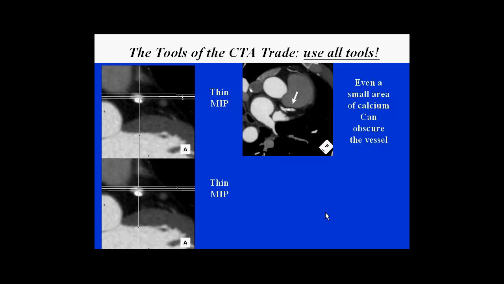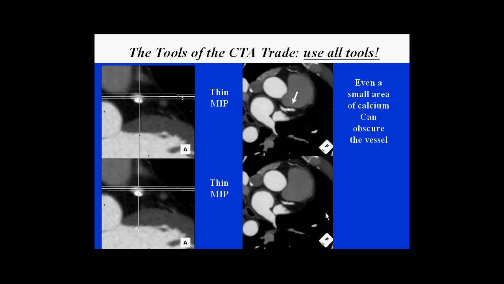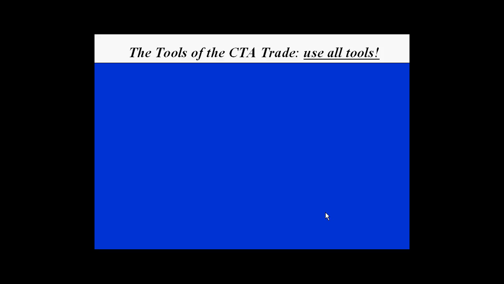If I thin this MIP down or move its altitude slightly, so I'm only looking at the lumen of the vessel and not the calcium, using a maximum intensity projection, I can see that the vessel is well displayed and that there is a generous lumen. So if no calcium is included in the MIP image, then vessel interpretation is eminently possible.